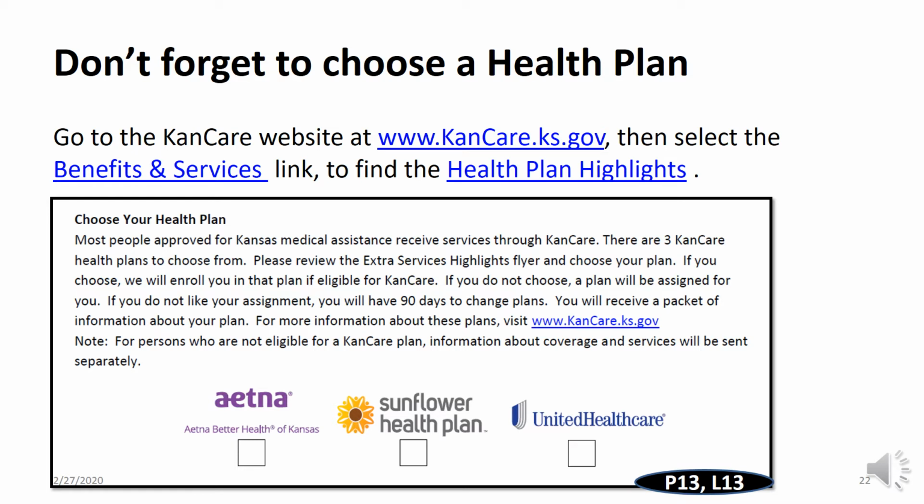If this part is left blank, a health plan, which is a managed care organization, will be chosen for the member rather than them choosing the MCO for themselves. So the member needs to make that decision so they end up getting the best MCO for themselves.